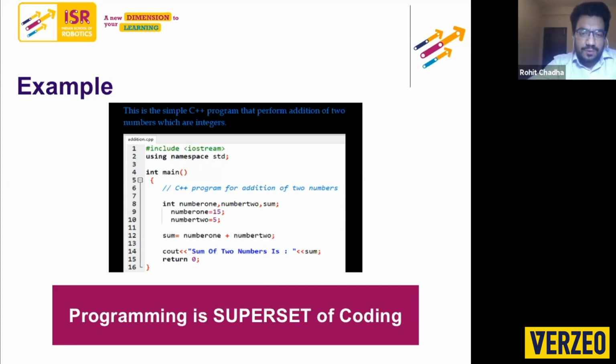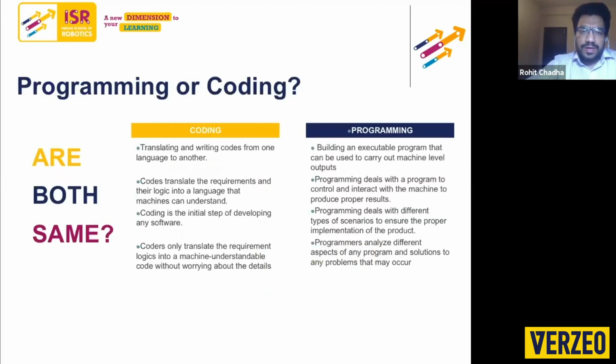That is known as coding. And the entire code, like line number 1 to 16, which will execute or perform some action, as Satvik has said, they will execute something. That is known as programming. So that is a very small technical difference which we must be aware of, which is the difference between programming and coding. So I think everyone knows that there is a difference between programming and coding.